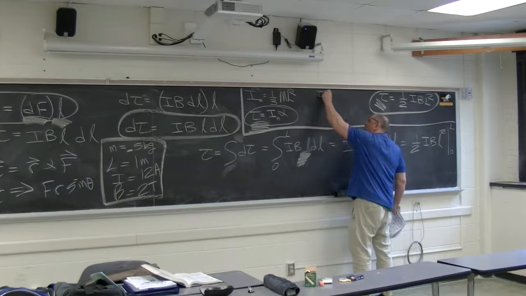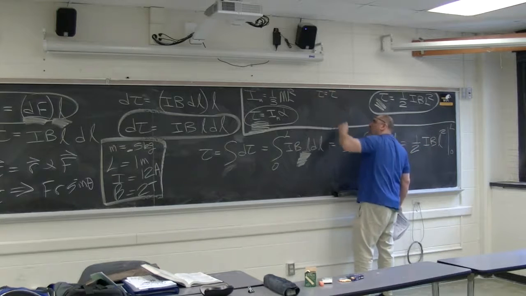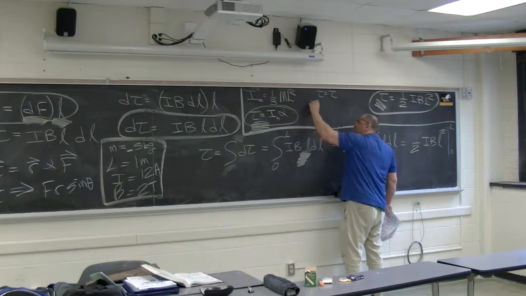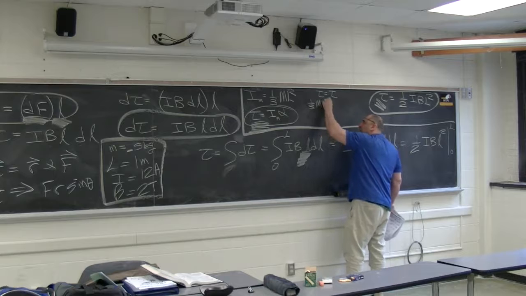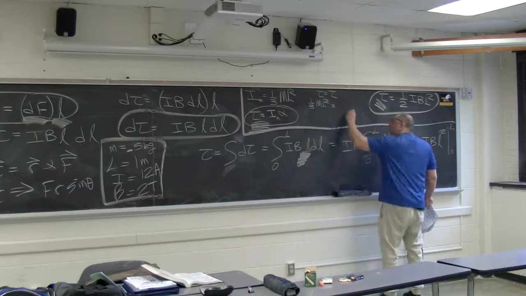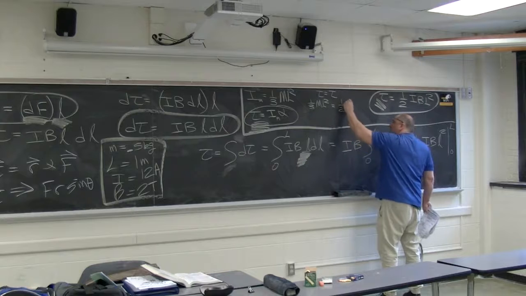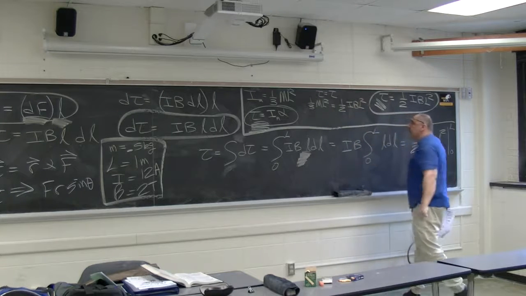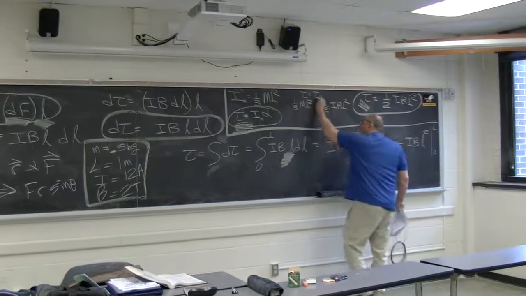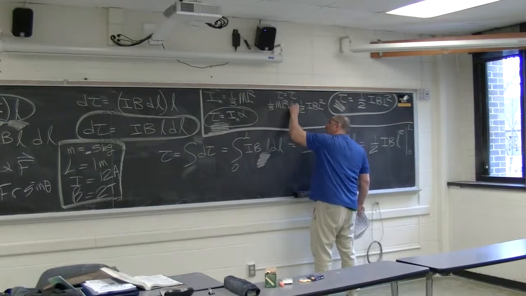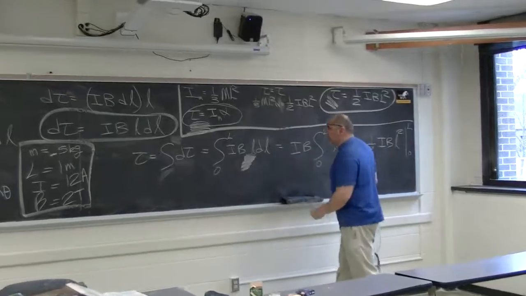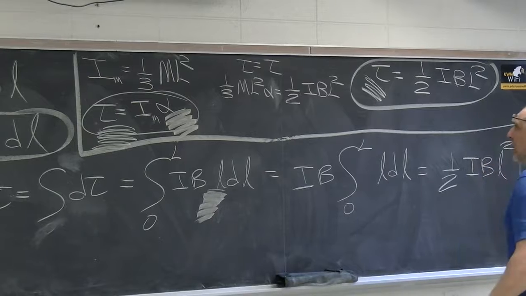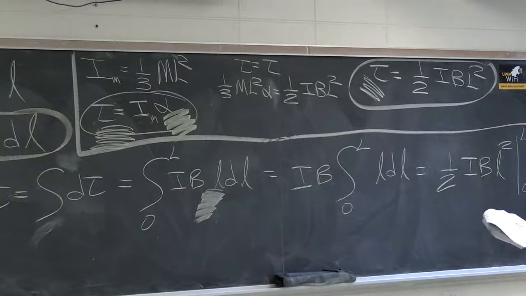Torque equals moment of inertia times alpha. Forgive me here, I have the alpha there. That's the angular acceleration. This is the thing we're trying to find, guys. Torque equals torque, you got it. The rest is what it is.